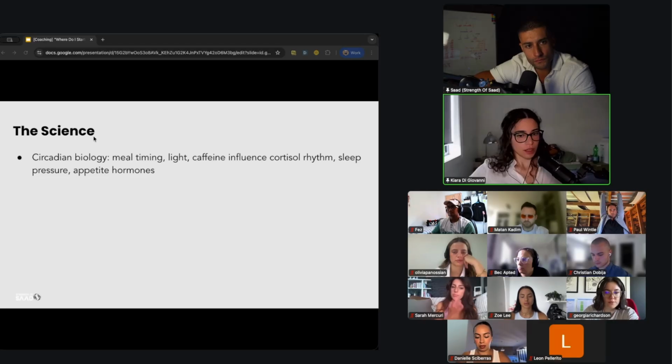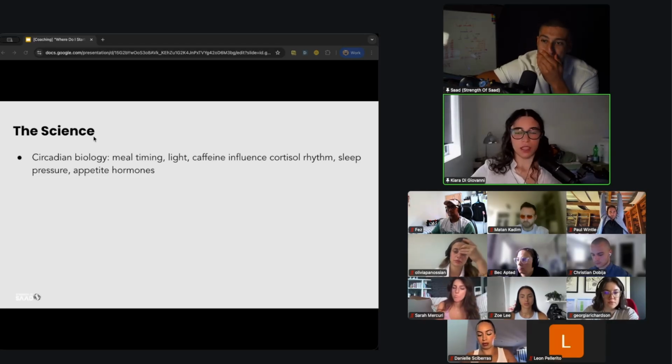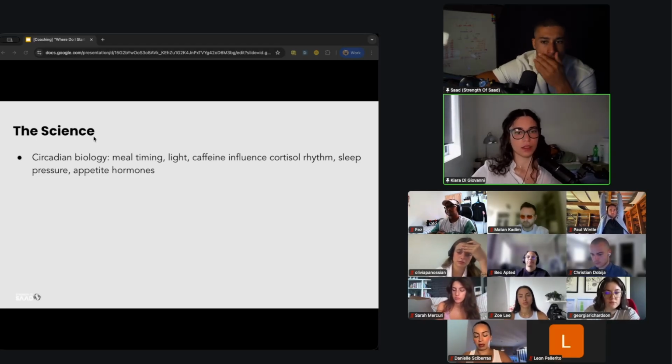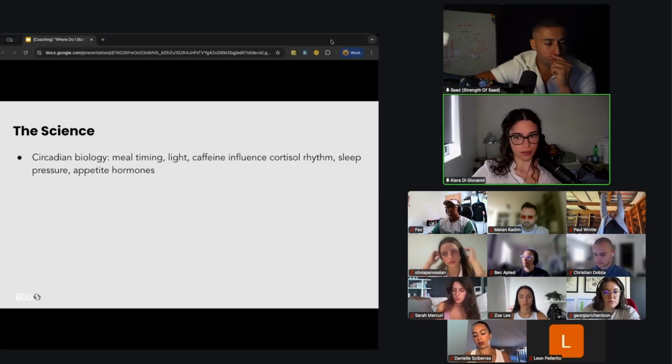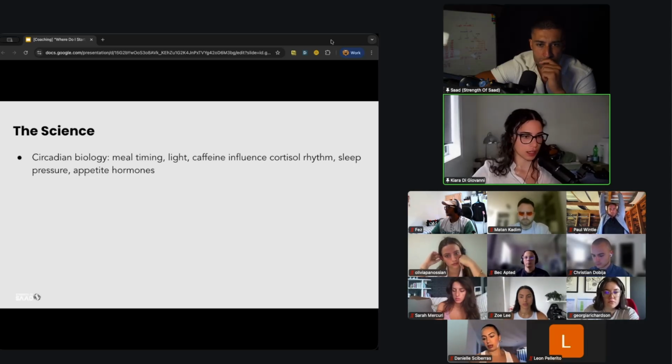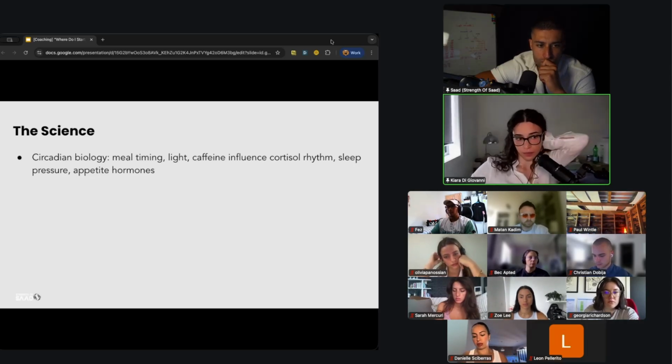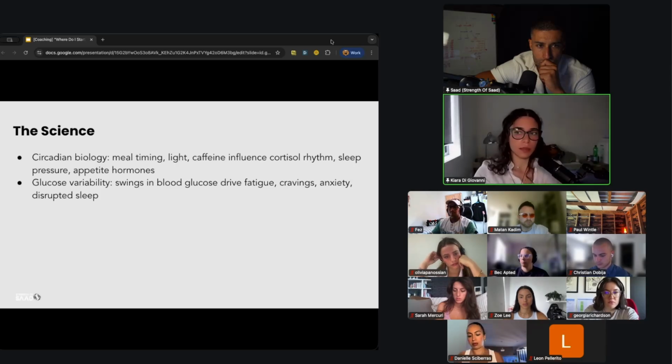So some things we're going to focus on in this tier is circadian biology. That's meal timing, light, caffeine, cortisol, sleep, appetite. It affects a lot of things that you just don't even realize until you learn about it. That's really cool. Glucose variability as well.